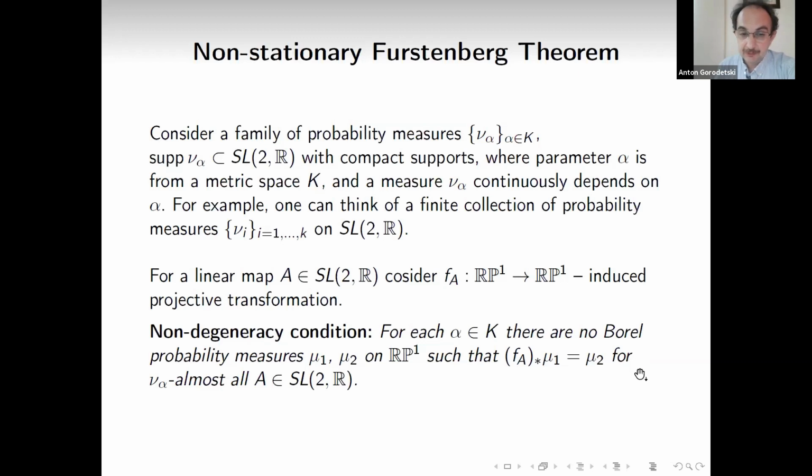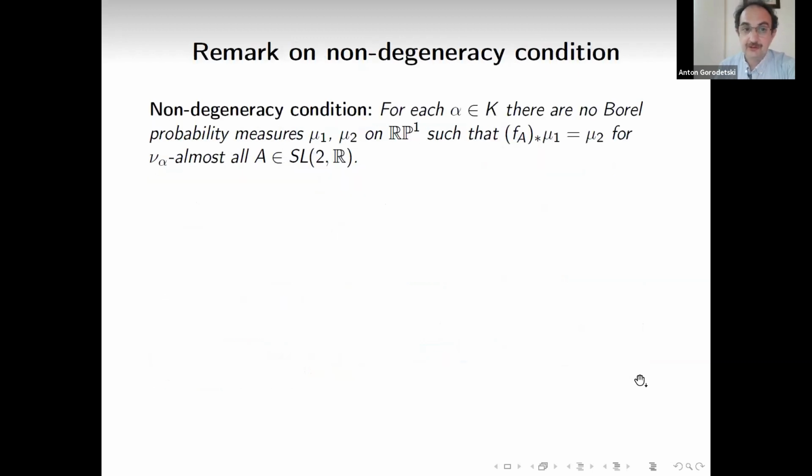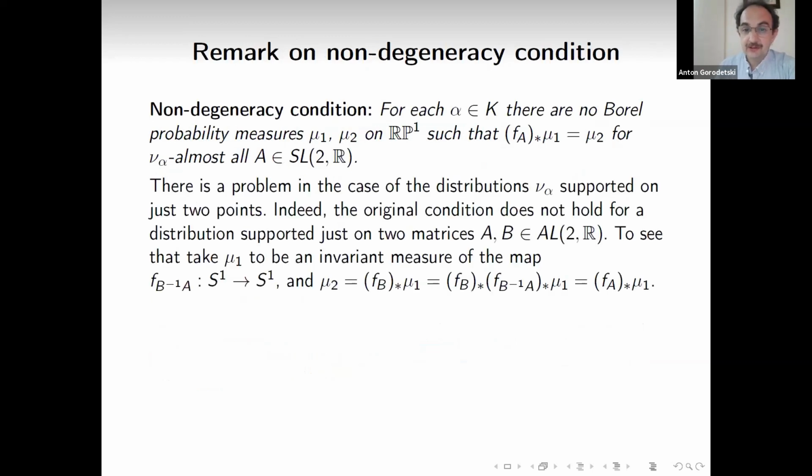There is some problem with this non-degeneracy condition. The problem is the following. If you take a distribution that is supported on just 2 points, so your random matrix-valued variable can take only 2 values, matrix A or matrix B, then this non-degeneracy condition, unfortunately, is not satisfied.